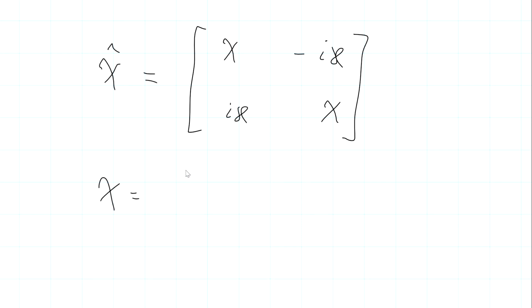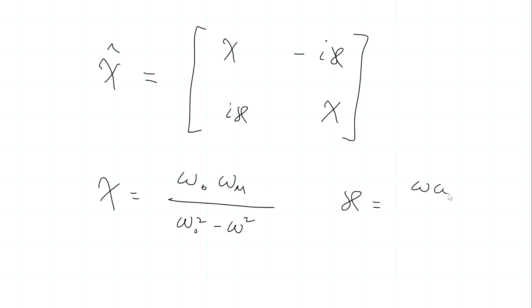Chi is equal to omega naught omega m divided by omega naught squared minus omega squared, and kappa is omega m divided by omega naught squared minus omega squared.